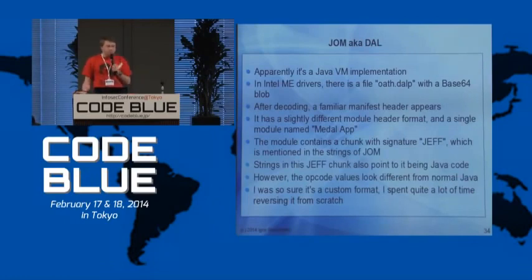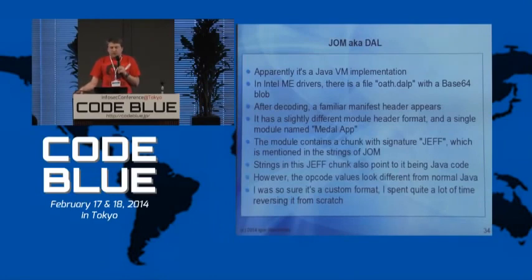And when I decode this blob, I actually see the manifest, which is very similar to the old manifest of the firmware, actually. So the format is a bit different, but it's still the same. And the payload is a file with signature Jeff, and the content seems to be some strings related to Java.